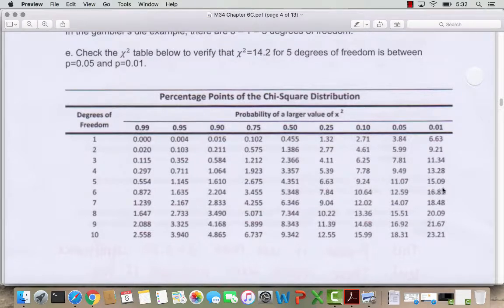Our chi-square value of 14.2 is between 11.07, which is 5% significance, and 15.09, which is 1% significance. So from the table, we'd say, okay, our chi-squared is statistically significant because it's less than the 0.05 significance level. If we were over here, we'd say, oh, this could be a reasonable difference.